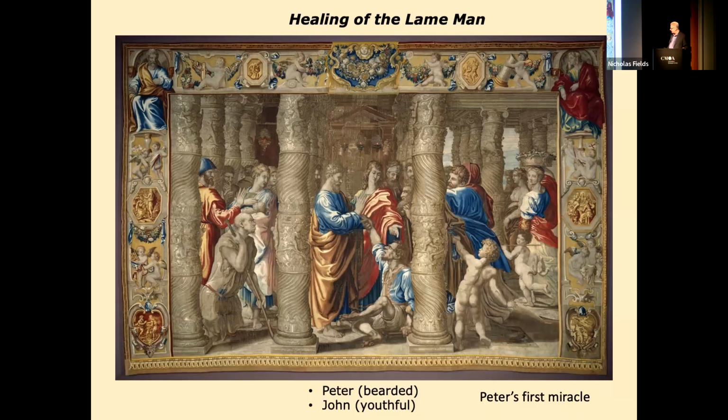This shows Peter, and it represents Peter's first miracle in the Temple of Jerusalem. And Peter is with the beard, and he's in the company of John, another apostle that's normally shown beardless, long-haired, and youthful. And they are healing a lame man whose legs are shown. He's unable, or he will soon be able to walk.